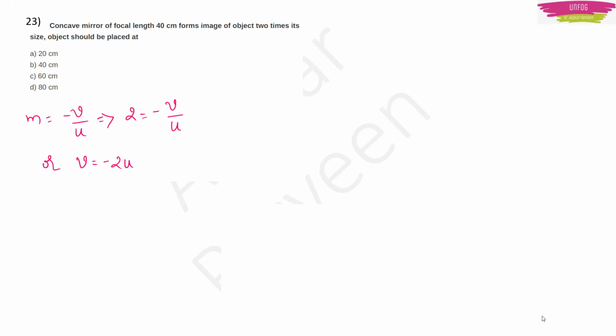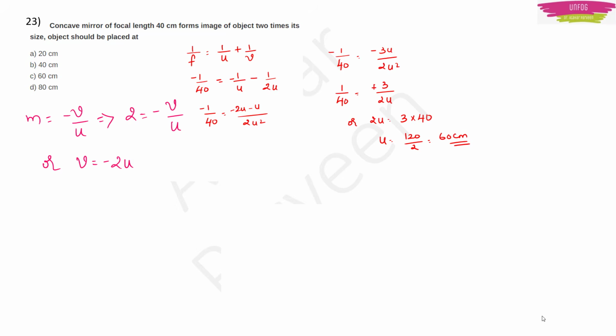After having that relation, use the mirror formula. What is the mirror formula? 1 by f is equal to 1 by v plus 1 by u. Substitute these values. Here focal length is 40 cm for concave, right? So it will be minus 40. So minus 1 by 40. Now in the right hand side, you take the LCM for u and 2u. You get 2u square.